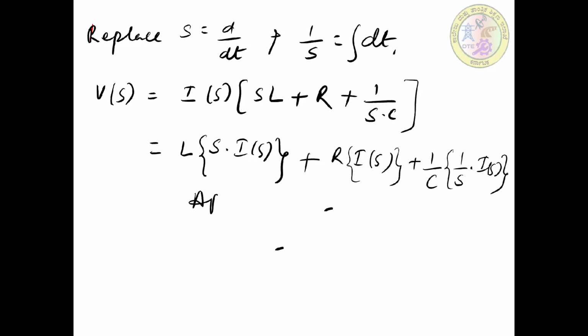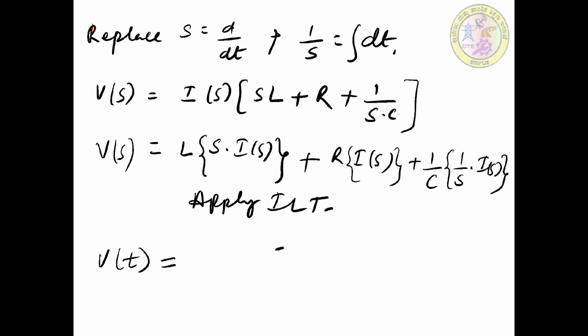Okay, so now apply ILT. After applying ILT, V of s becomes again V of t, because we are changing from s domain to t time domain.